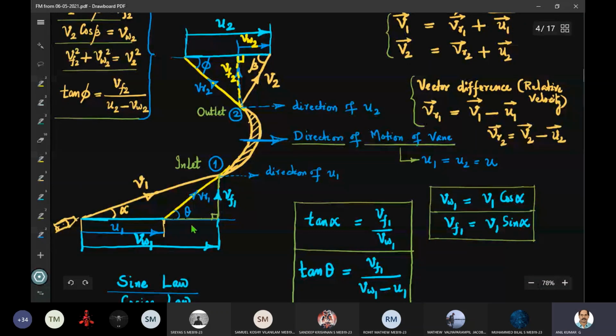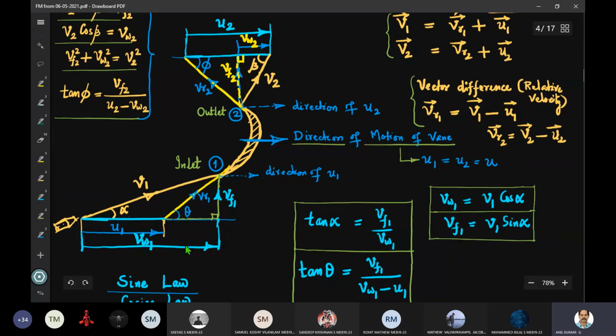And the vane angle at inlet is theta and vane angle at outlet is phi. And guide blade angle at inlet is alpha and guide blade angle at outlet is beta. So now we are familiar with these components.